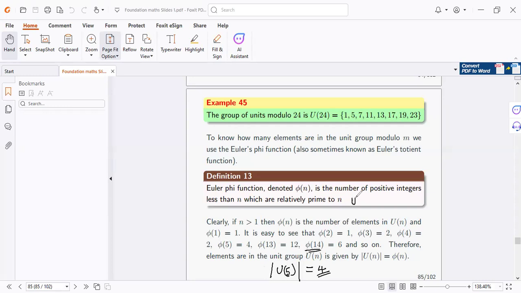The question is, this group of units of 14, how many elements does it have? And we found the answer to be 6. So those parallel lines mean number of elements. We shall also use it to mean order. When you talk of the order of a group or order of a set, what we mean is the number of elements in that set or that group.